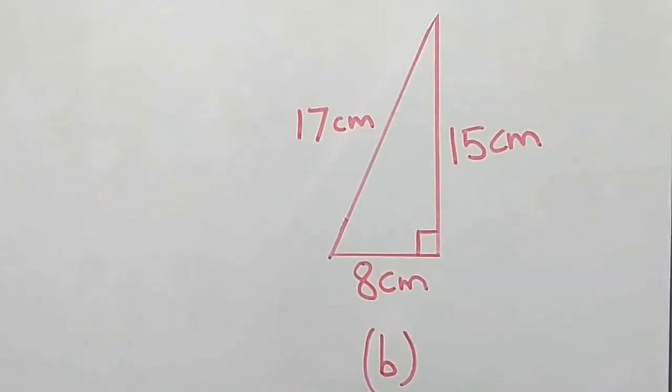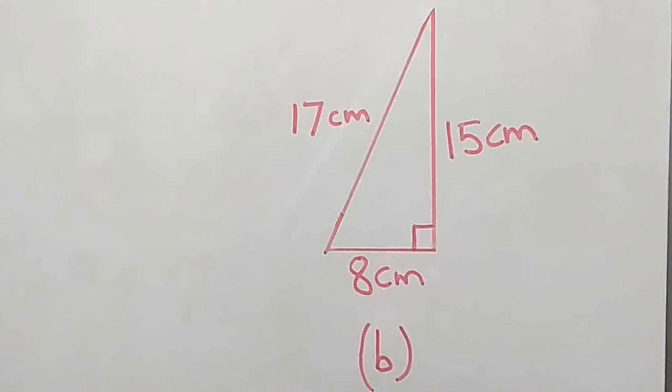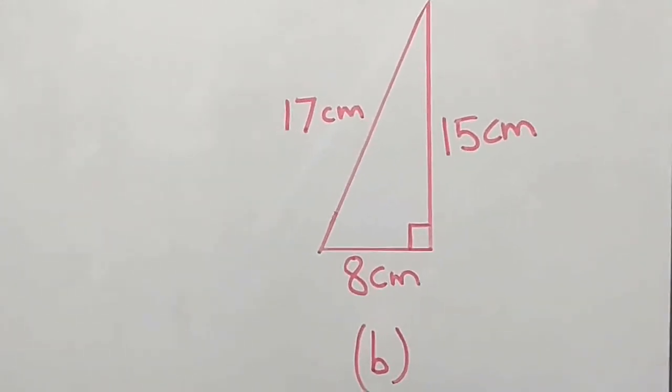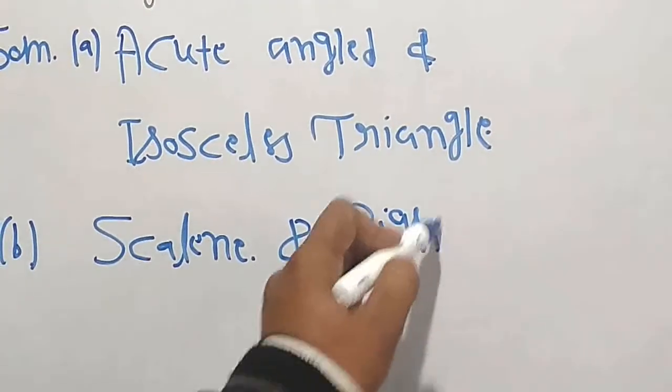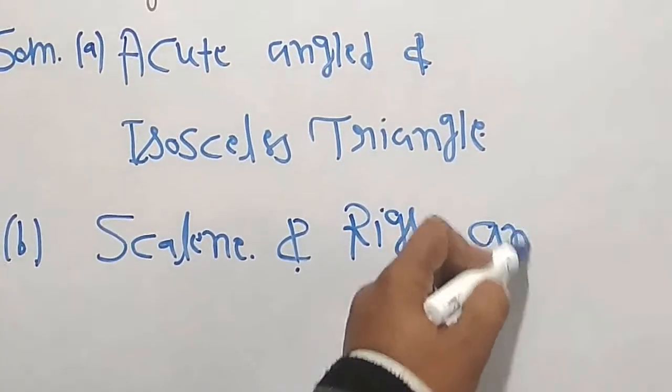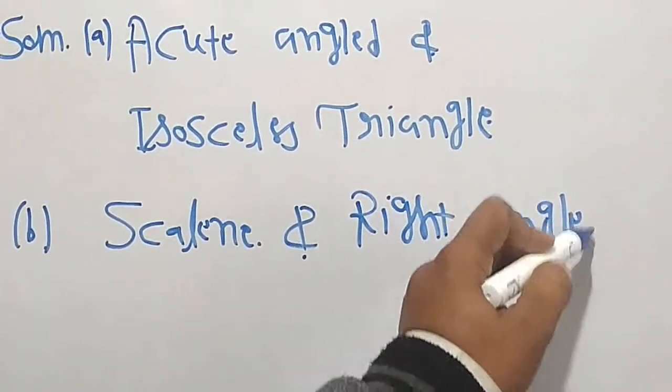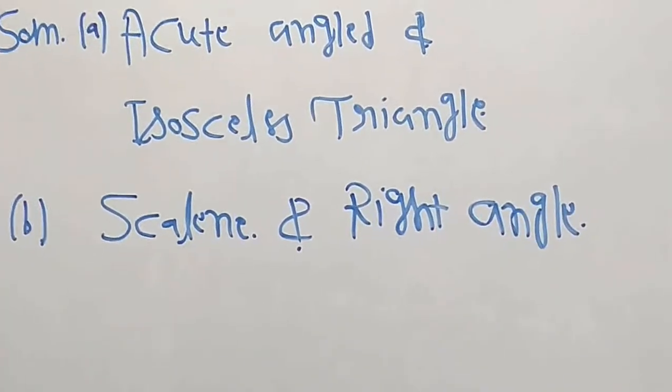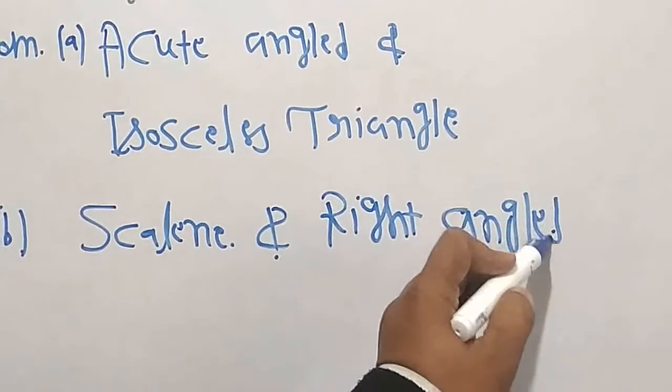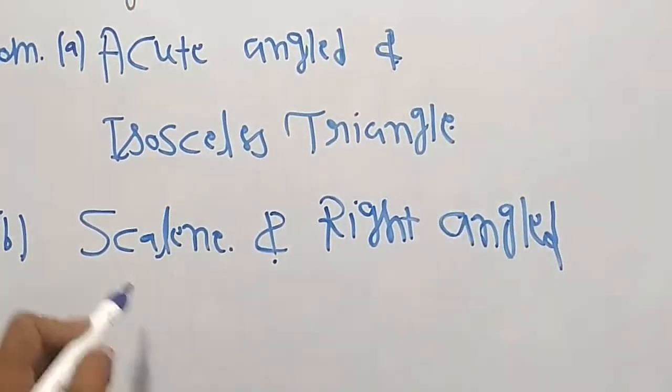At least one angle is right angle, so it is a right angle triangle also. So we can write here right angle triangle.